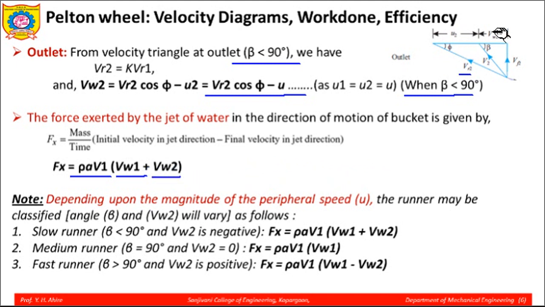But Vw2 itself is negative because it is towards left, so the minus sign becomes plus. So here we have rho a v1 into Vw1 plus Vw2.